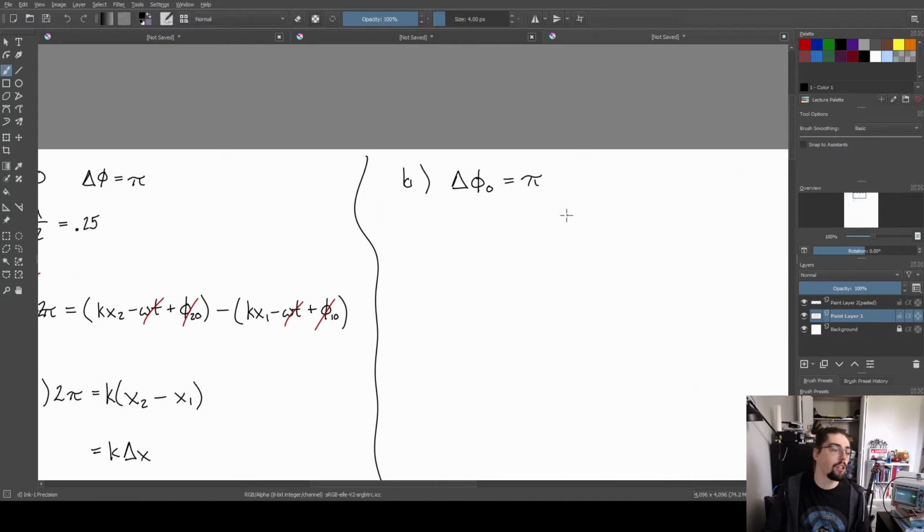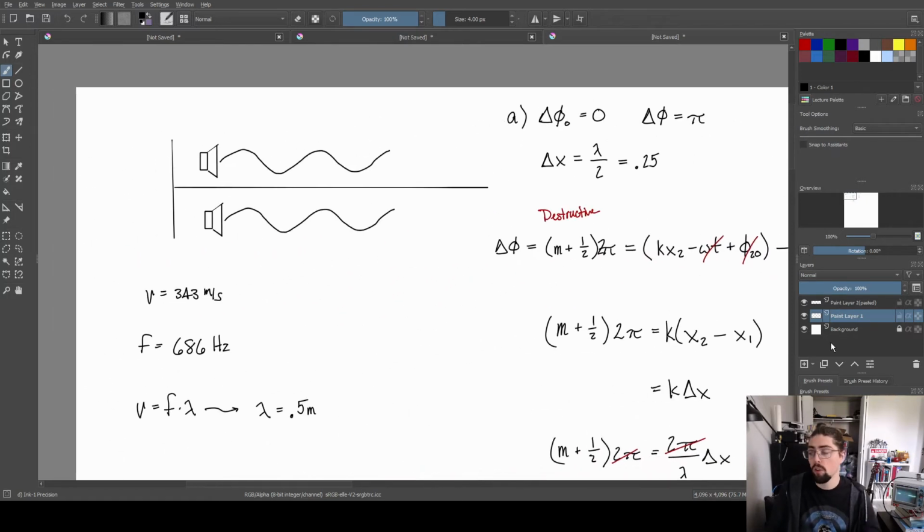We know we want constructive interference. Constructive interference means that the difference between phases is some factor 2 pi. So, what does that look like on our picture? Again, let's do the same method. Let's take the picture. Let's solve it out there. To start at pi means we're not starting here. It means we're starting here.